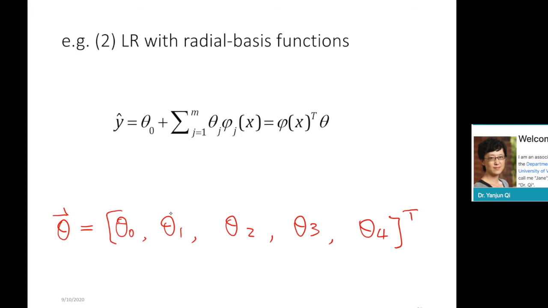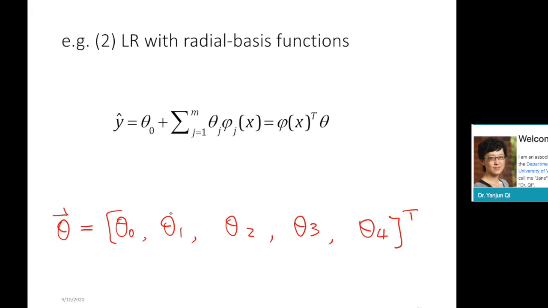We also call this the bias term. And we also need to learn the weights theta on each of those radial-basis kernel functions. Because we designed 4 kernels, we need to learn 4 weights plus a bias term. So together we need to learn 5 thetas.